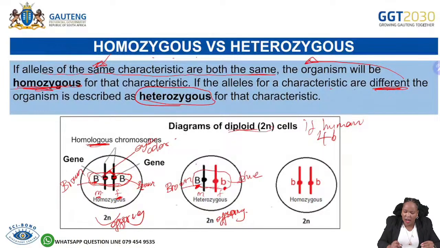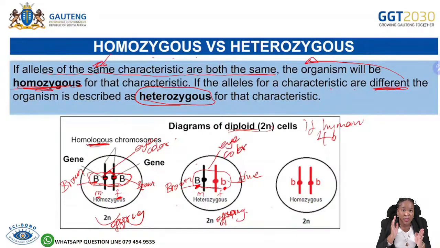They are still talking about the gene for the characteristic of eye color. But they are not the same. They are alternative forms. Because they are not the same, we say they are in a heterozygous state. So when they say an offspring is heterozygous, it means the alleles for that particular gene are not the same.